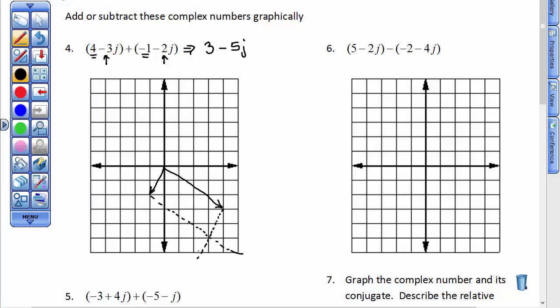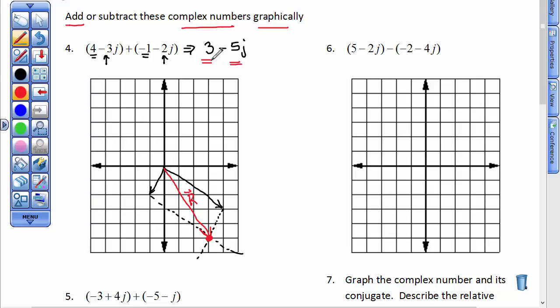And then we found the resultant vector from where the tails were together to the opposite corner of the parallelogram, and that was called the resultant vector. Well, what we have to do is just look at where that resultant is, and it's to the right 3 and down 5. So via a picture, we have added these complex numbers graphically versus just doing the algebra.